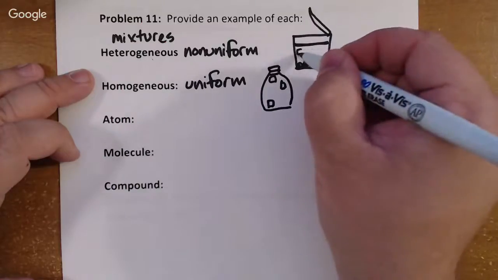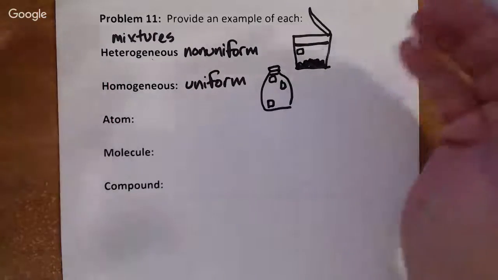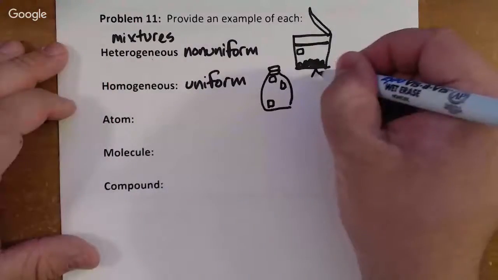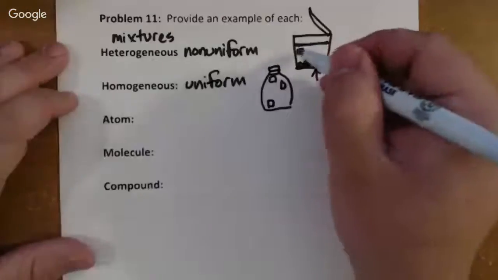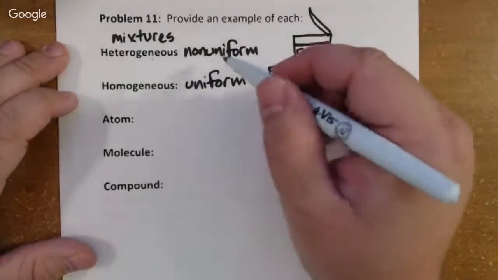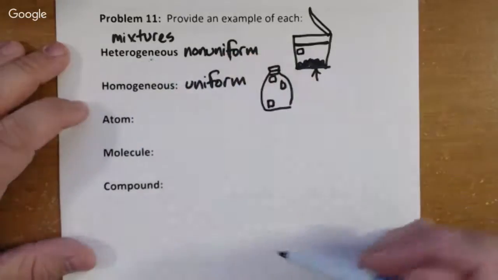If you have a taste from up here, it's just disgusting plain yogurt. Who eats that? If you have a taste from down here, it's like having a spoonful of strawberry jam. So it's different depending on where you are in the sample. It's non-uniform. If it's non-uniform, it's heterogeneous.